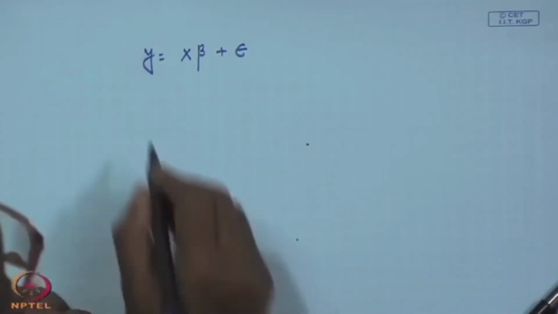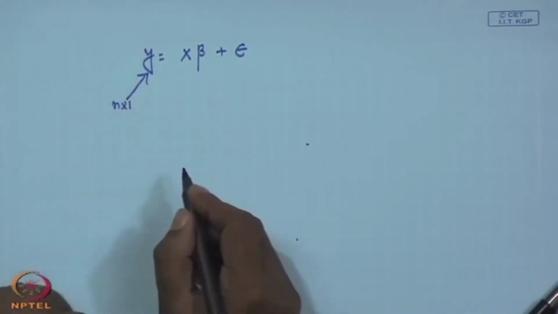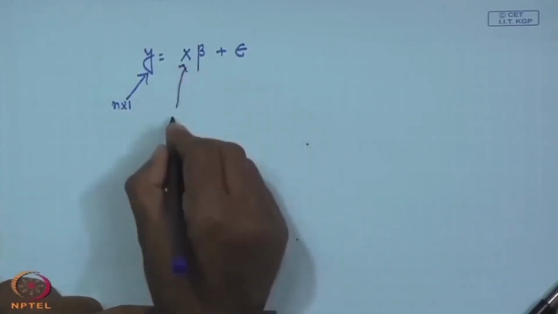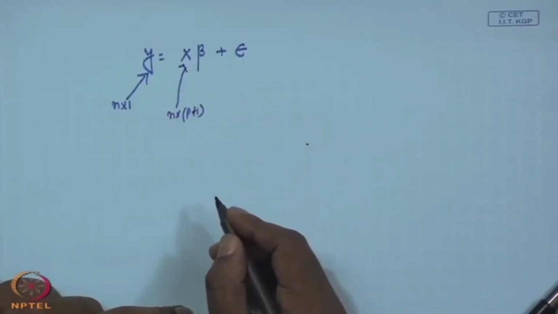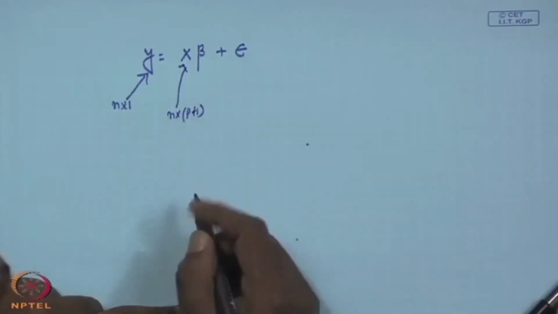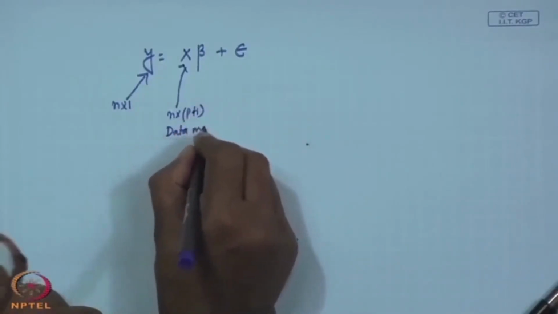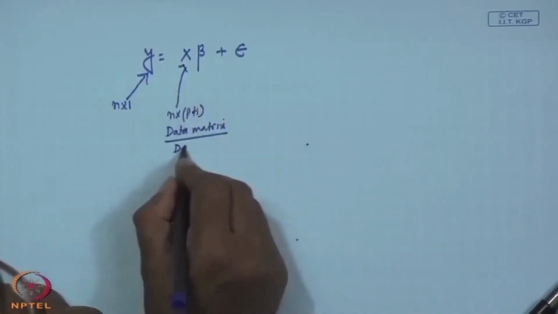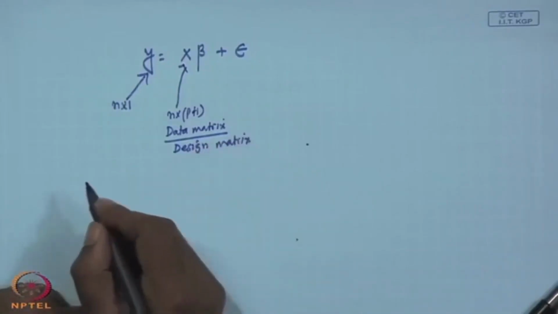Okay. So, y is the n cross 1 vector of observations of the dependent variable, x is n into p plus 1, the data matrix of IVs including the intercept. This is also known as the data matrix. Actually, x is this one including the intercept, so we say this is the design matrix. Correct.